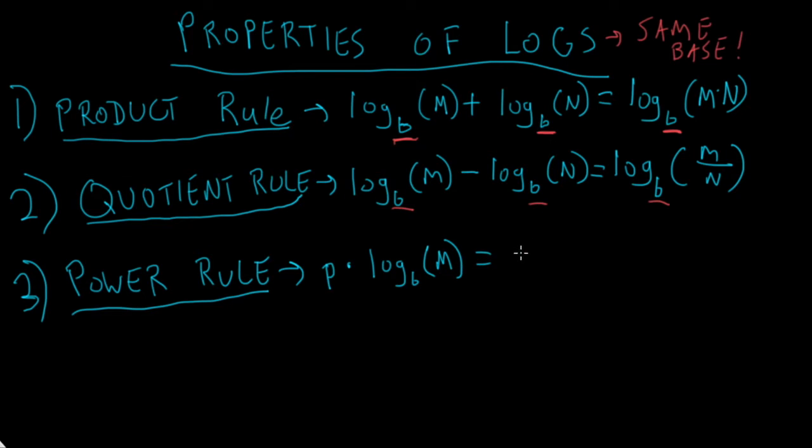This becomes log base b of m to the p power. So the p basically comes around and is brought to the power. These are our 3 rules that are going to be the basis of solving these types of problems.